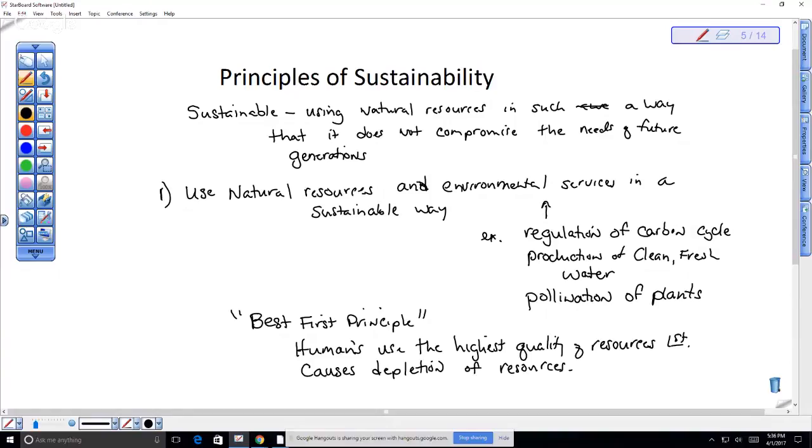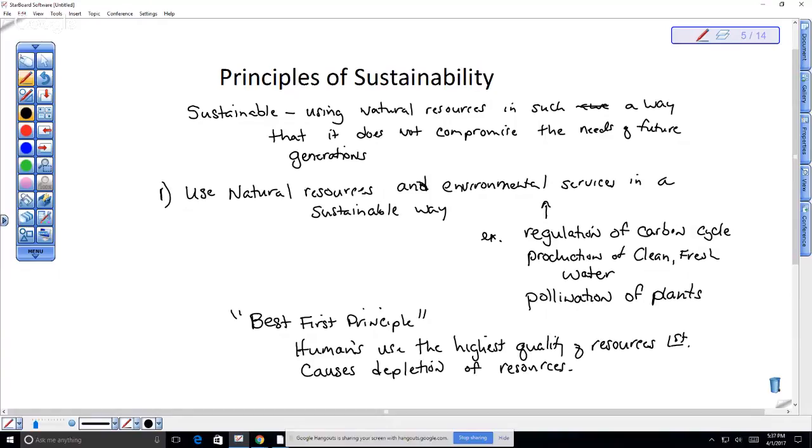We're hydraulic fracturing rocks. We're going in and pumping water into the earth to extract natural gas, for example. Or we're going off the coast and putting in big oil rigs to extract oil in the water. And that's really hard. I mean, if you think about it, maintaining those oil rigs out in the ocean.